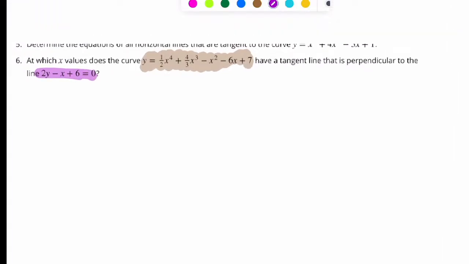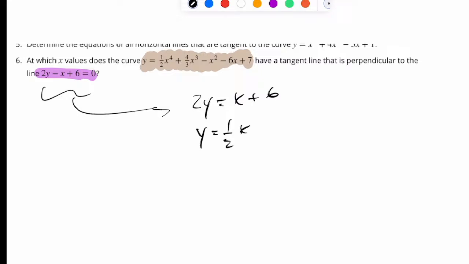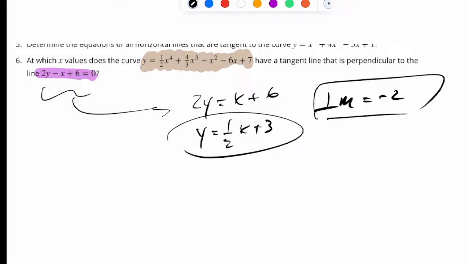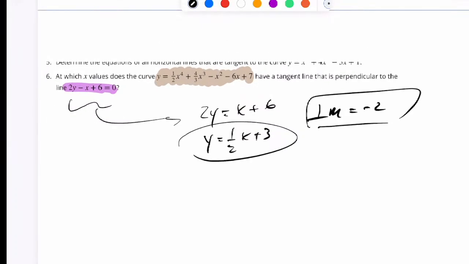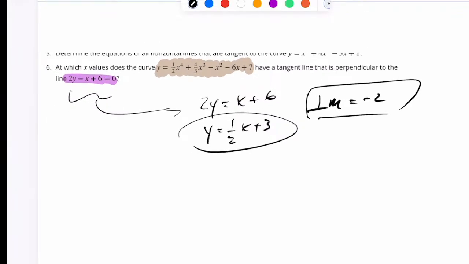So to answer this one, I need to find the slope of this line. The slope of this line is y equals 1/2 x plus 3. So I want the perpendicular slope. The perpendicular slope is your negative reciprocal, which is -2. So I need to find all horizontal tangents that have a slope of -2.